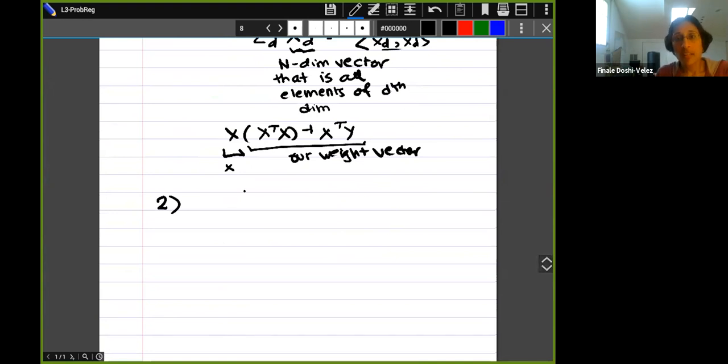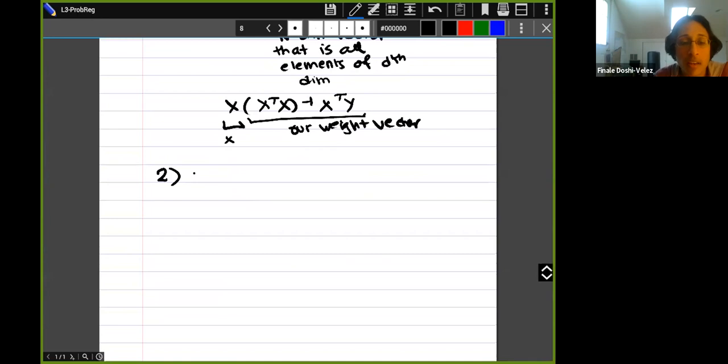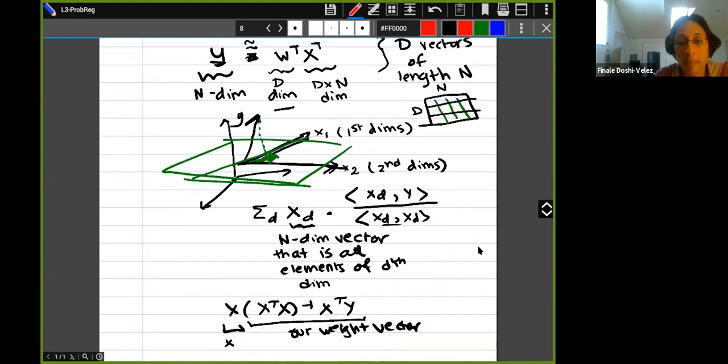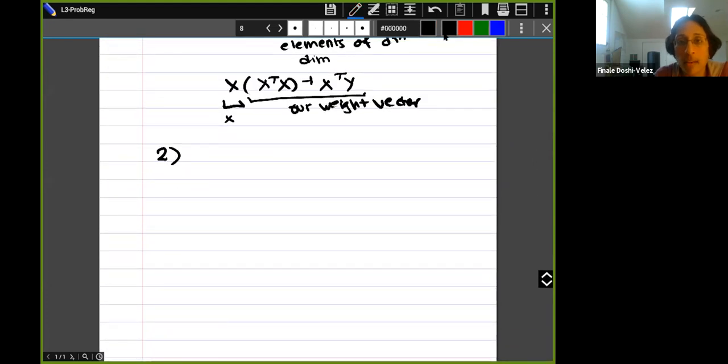All right, so now we get to our main approach for today. So now we're going to be moving into this category over here. So we talked about some non-probabilistic methods, and now we're going to go into some probabilistic methods. All right, so for the probabilistic methods, we're going to start with a really important idea.